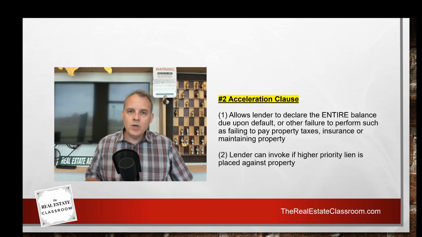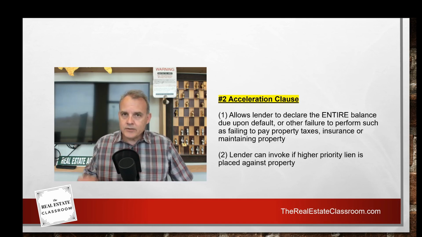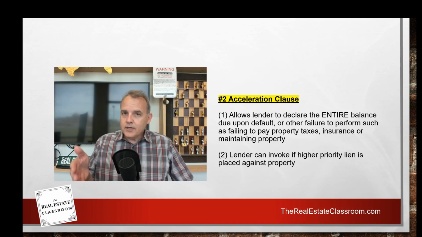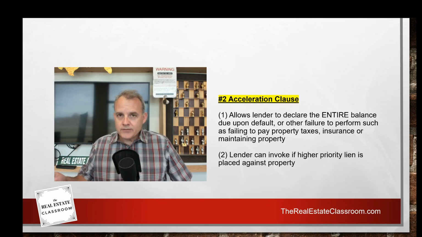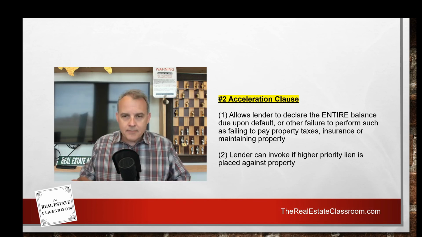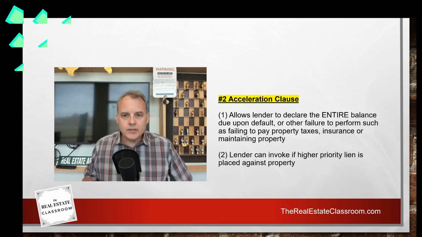Now, due on sale, remember the difference. Due on sale clause permits the lender to declare the entire amount due if the borrower transfers title. The acceleration clause allows the lender to declare the amount immediately due if they stop making payments or some of the other things that we discussed.